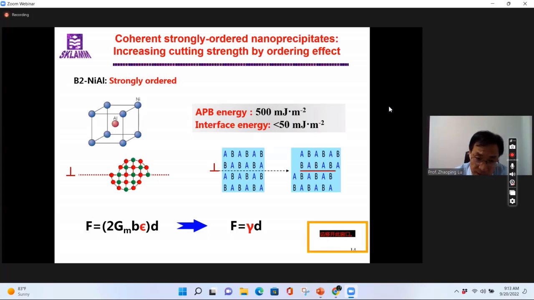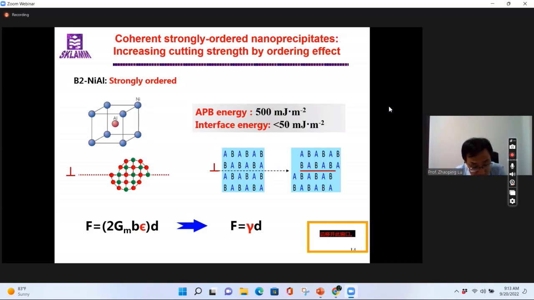Very important, the antiphase boundary energy of this compound is very high, 0.5 joule per square meter, while the interface energy is very low, 0.05 joule per square meter. So when the dislocation cuts through the particle, the interface will transfer from the low energy state, ABBA, to a high energy state, AABB.